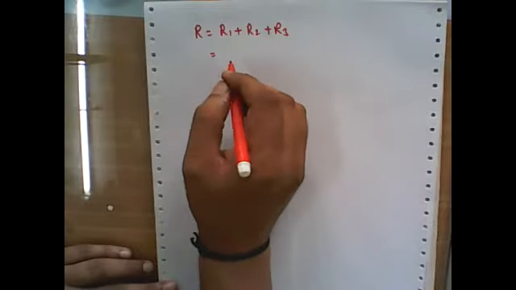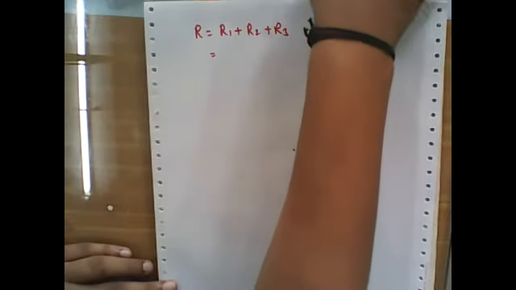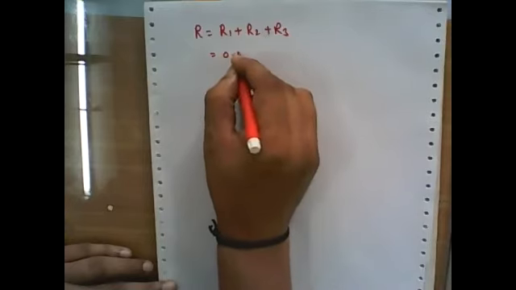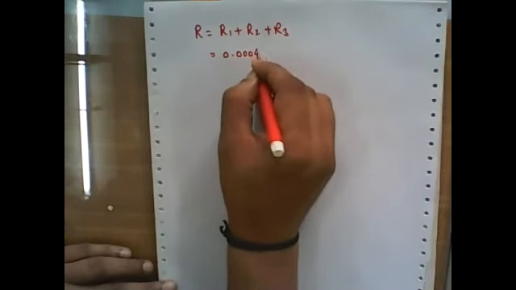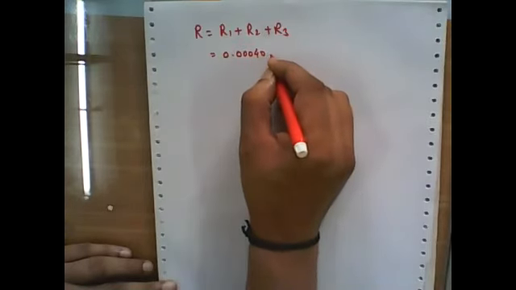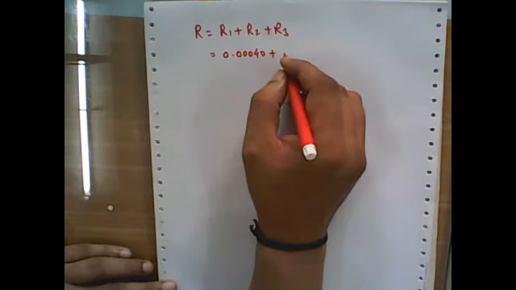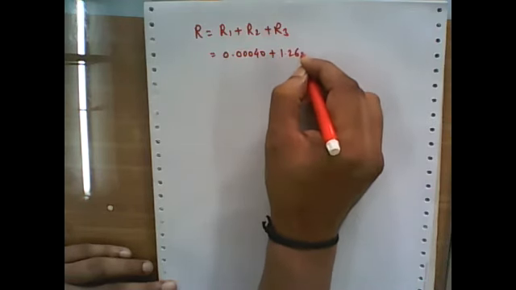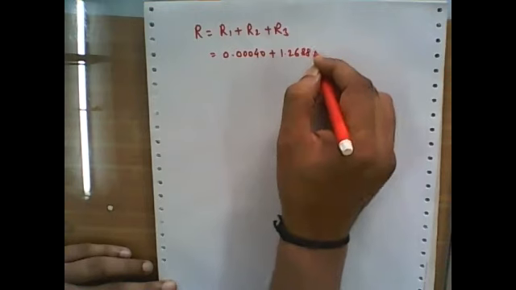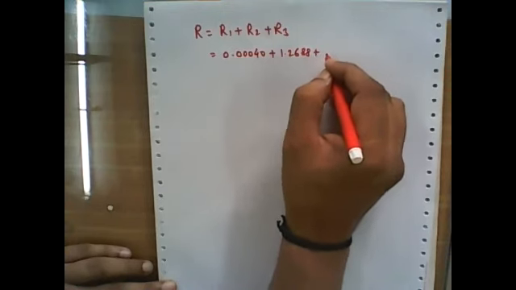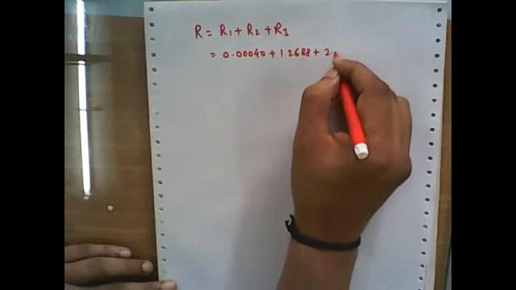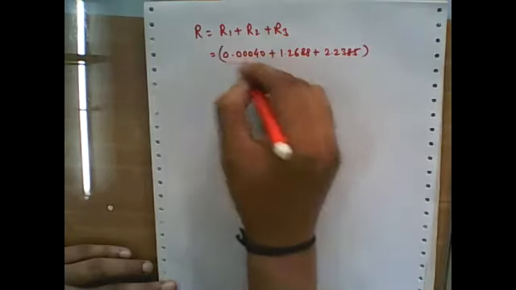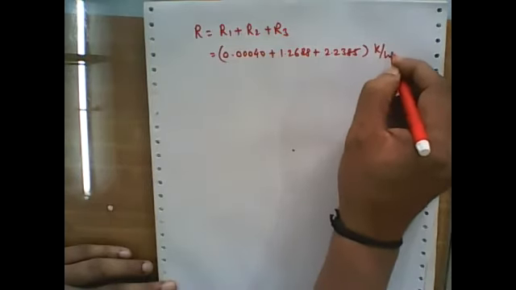The value of R1 is 0.00040 Kelvin per watt, plus the value of R2 is 1.2688, and the value of R3 is 2.2385, in Kelvin per watt.